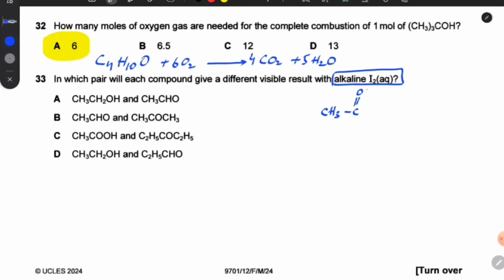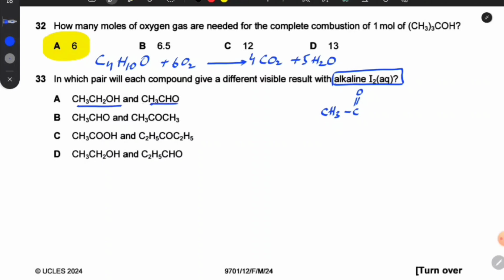So it should have this functional group, or be any alcohol that can oxidize to give this methyl carbonyl compound.